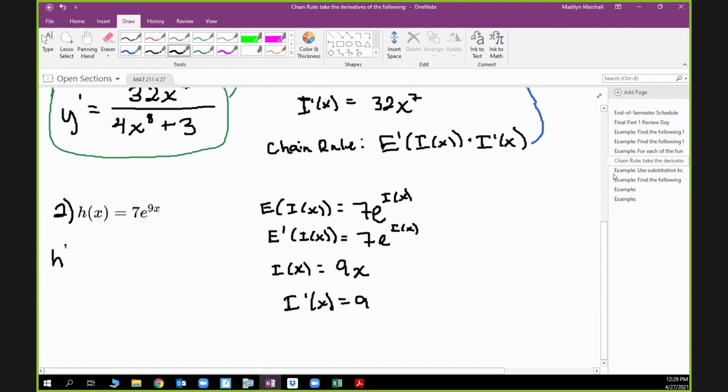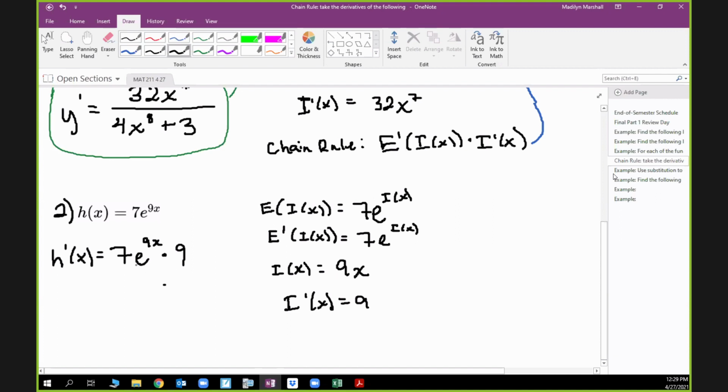So same setup as before. Our chain rule says we have the derivative of the exterior, 7e to the I of x, which is just 9x, times the derivative of the interior.